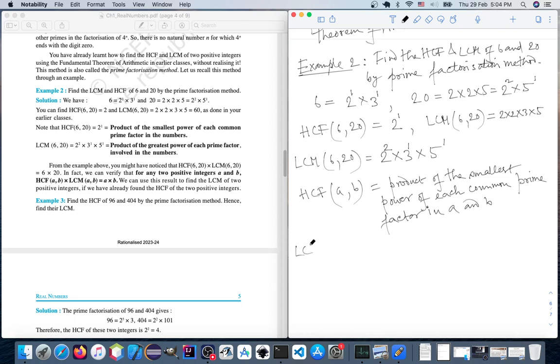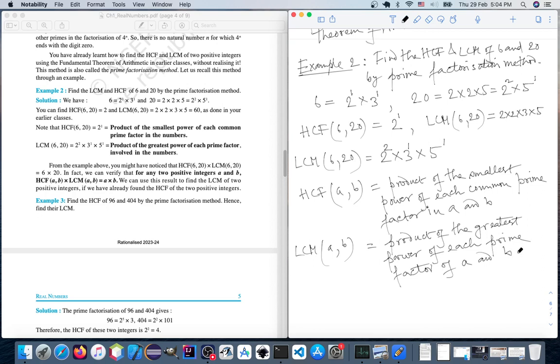Now the LCM of A and B, it says product of the greatest power of each prime factor of A and B. So for LCM, how do we find it?